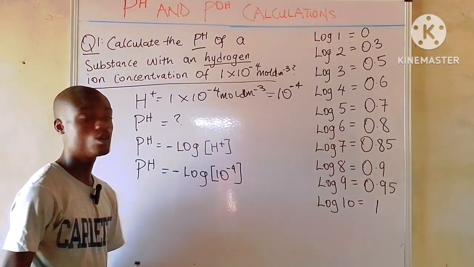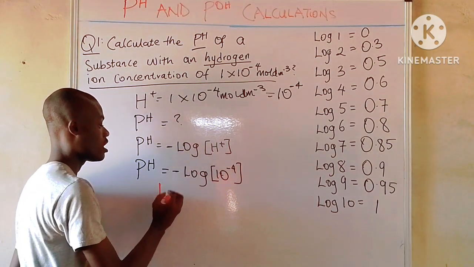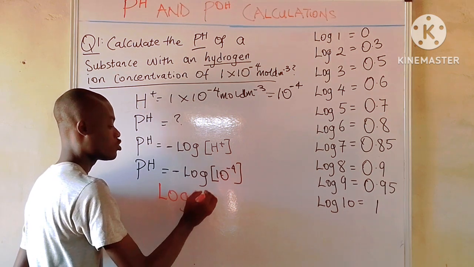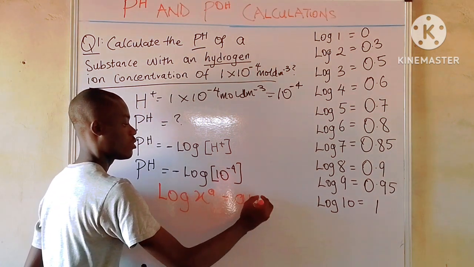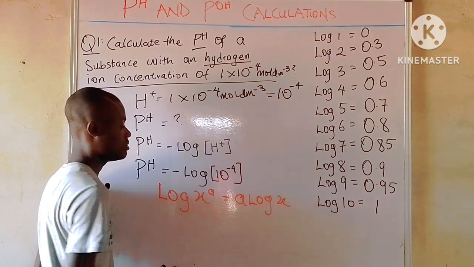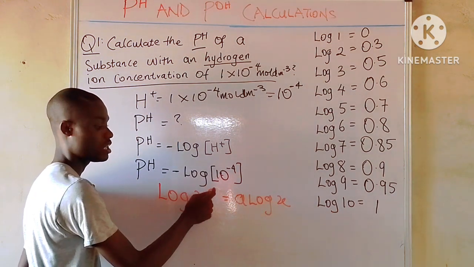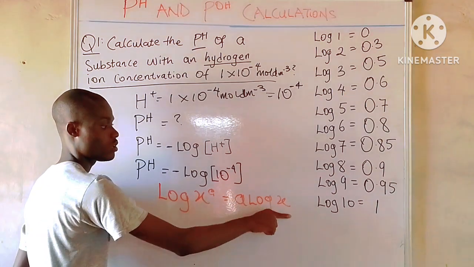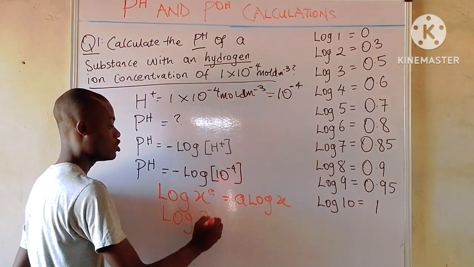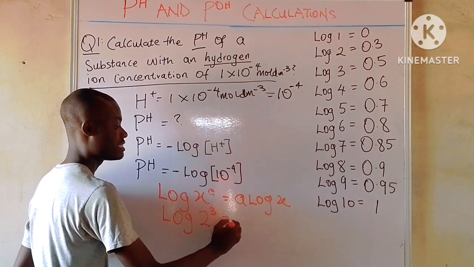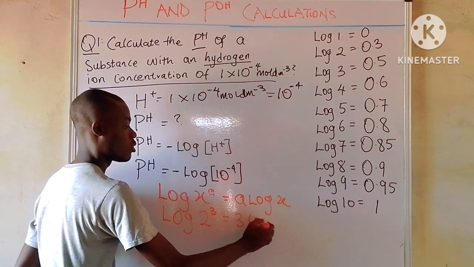A particular law in logarithm says that log x raised to power a can be written as a log x. What does it mean? It means that I can take this power to the back and write it as a log x. So if I have log 2 raised to the power of 3, I can write this as 3 log 2.